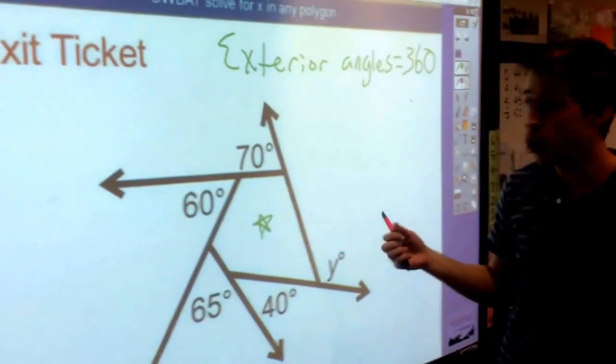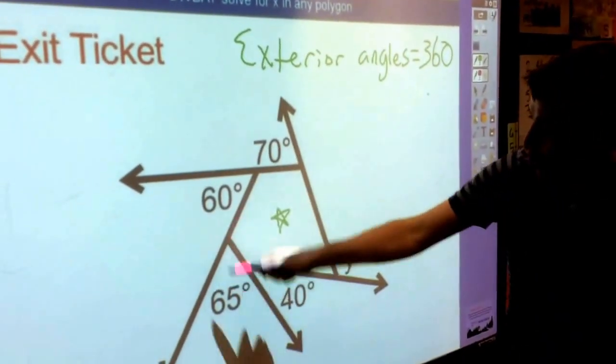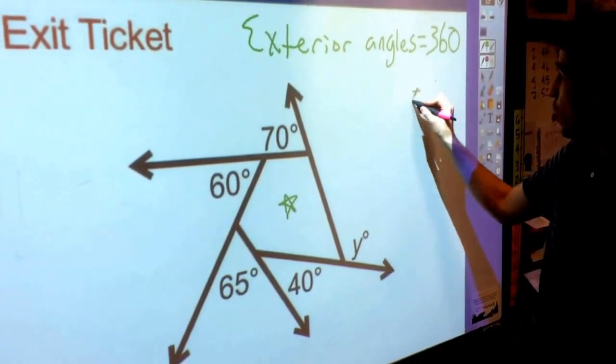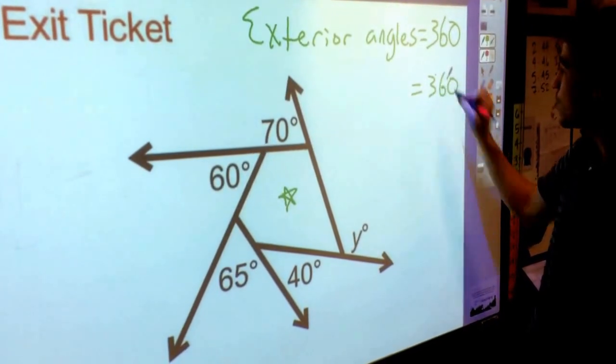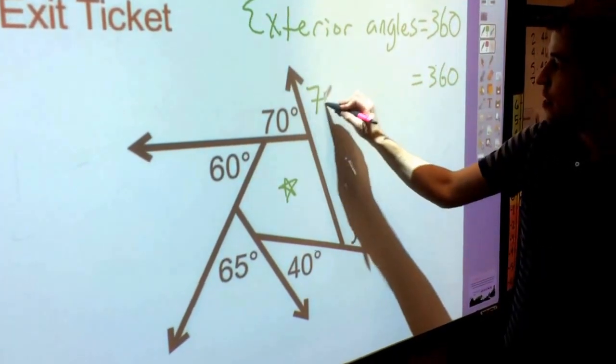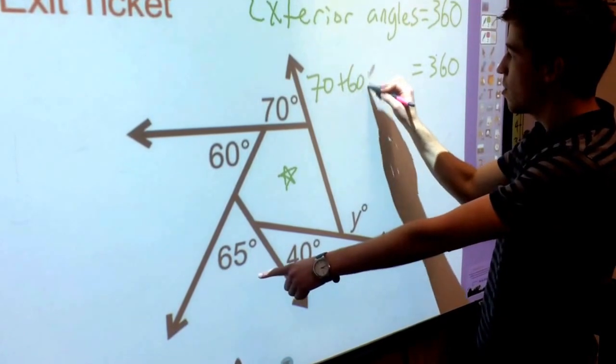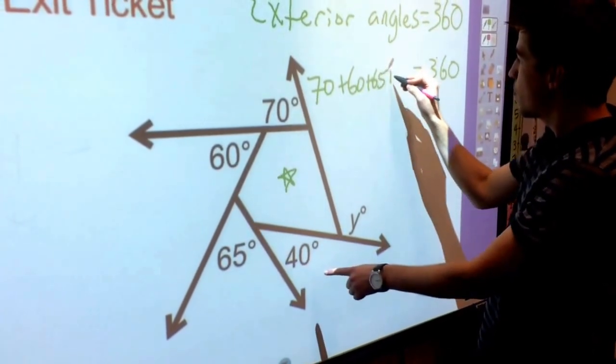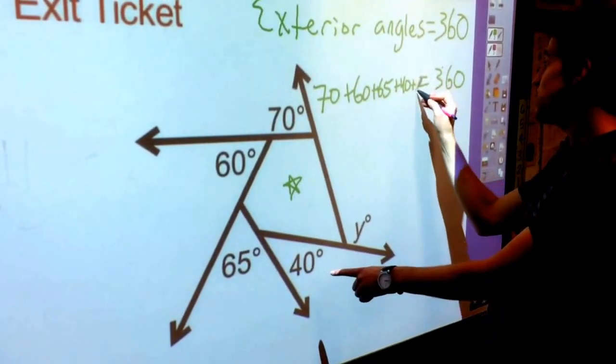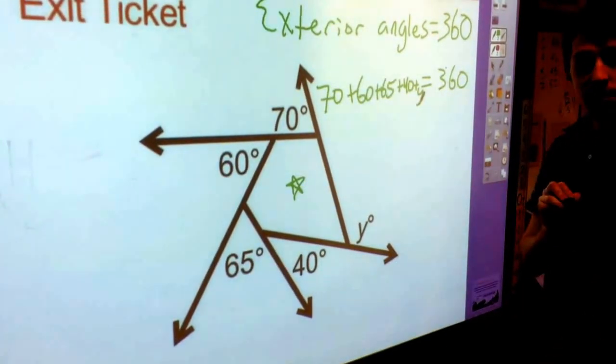And now we're ready to just build our equation. We know that these 5 angles all have to add up to be 360. So we'll have 70 plus 60 plus 65 plus 40, plus y equals 360.